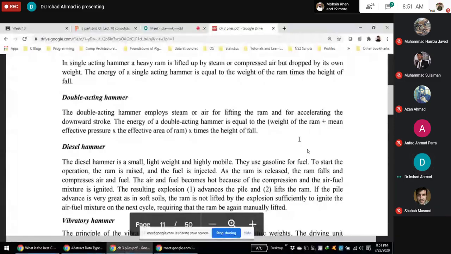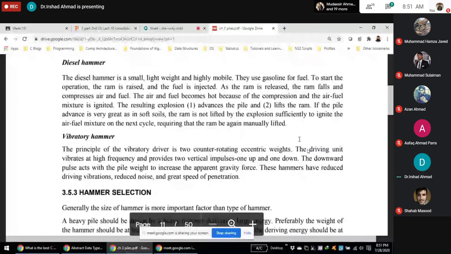Diesel hammer. In this hammer, first you lift the hammer up and you drop it down. You raise the hammer up manually and drop it down. But the moment it reaches the bottom, right at that moment you inject fuel, right? The fuel is compressed, right, and ignited, and an explosion occurs.